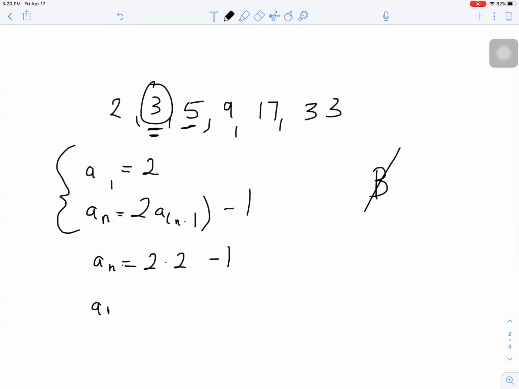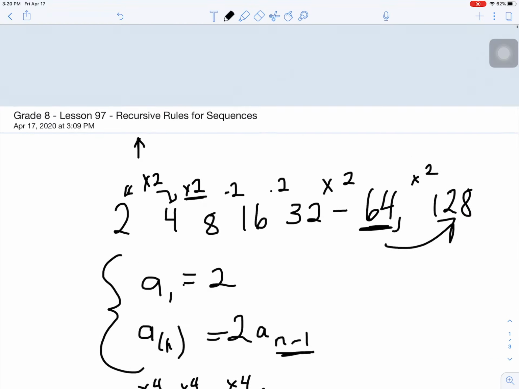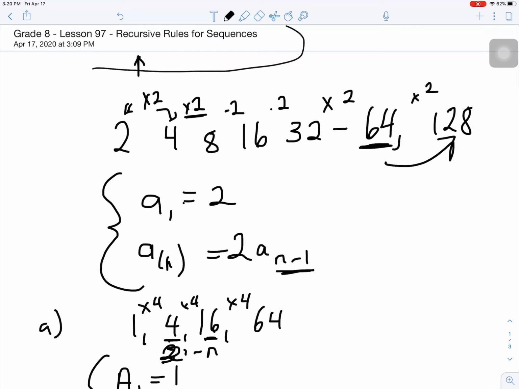If we want to find out the third term, that means we have to substitute the second term in. A n equals 2 times 3 minus 1. Yes, it gets us to 5. So without looking further, we know that A would be the correct answer. So that's really how the concept of recursive rules for sequences works.